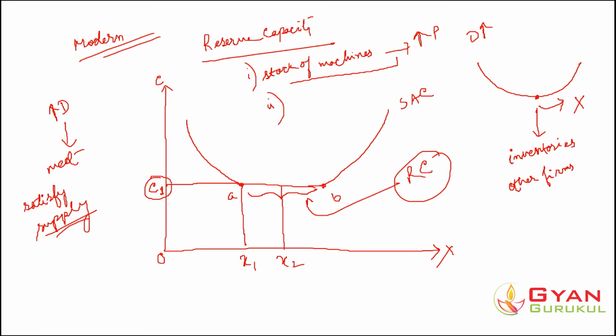Then what could be the second thing? The second thing is the instant repair of machines. It could have some facility in its production house that it could instantly repair the deteriorated machines.